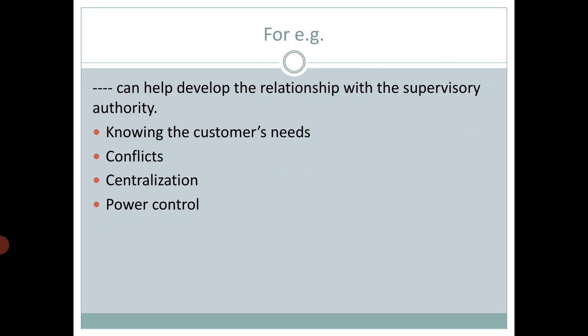No. If you know the needs of the customer who will be purchasing your product and maintaining loyalty with your organization, it will be helpful for you to develop a relationship with them, because you consider their viewpoint and their perception towards your product.